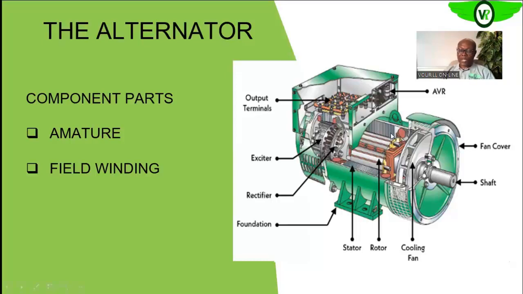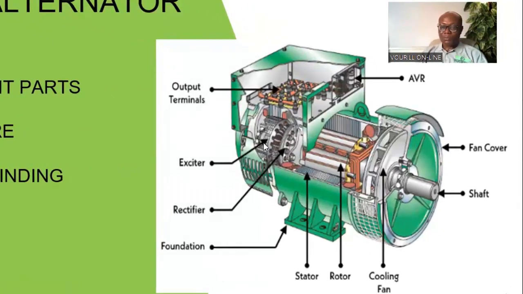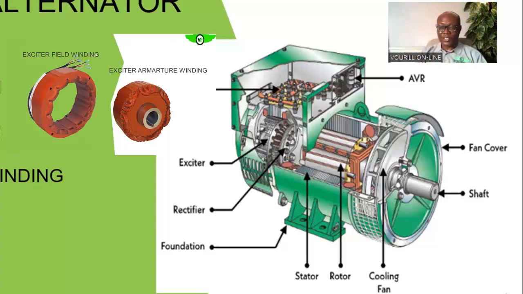So how do we achieve this? If you look at the screen, you will see what is called the exciter. This is the exciter unit. It's like a smaller generator within the big generator. Here we have the rotating exciter armature and the stationary exciter field.